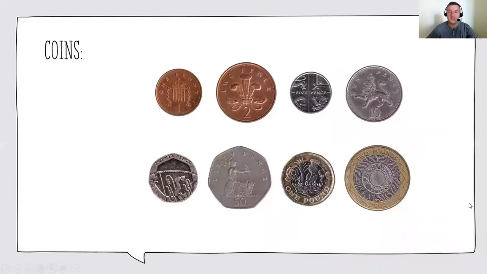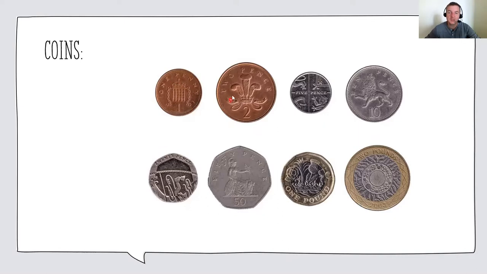So these are the different coins that we use. So this is the smallest one, 1 penny or 1 pence, some people would say. And look, here we can see it written 1 penny.